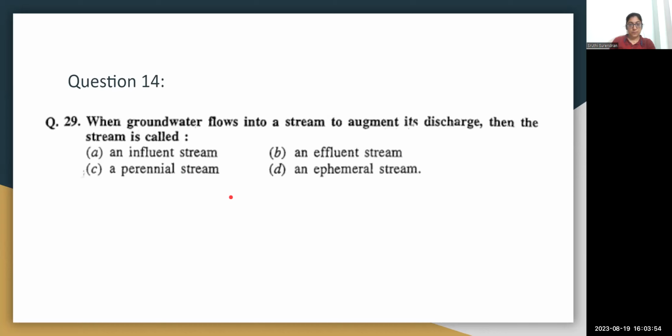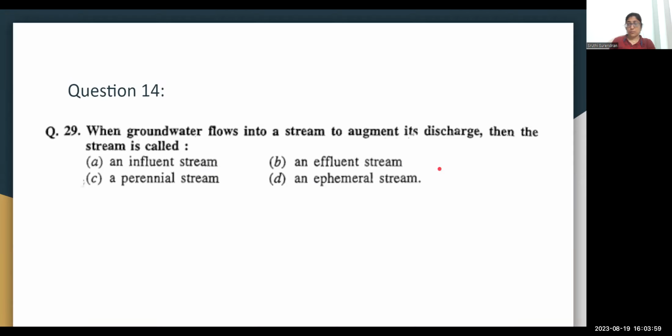Next question. When groundwater flows into a stream to augment its discharge, then what is the stream called? Okay. Let me take you back to previous slides.